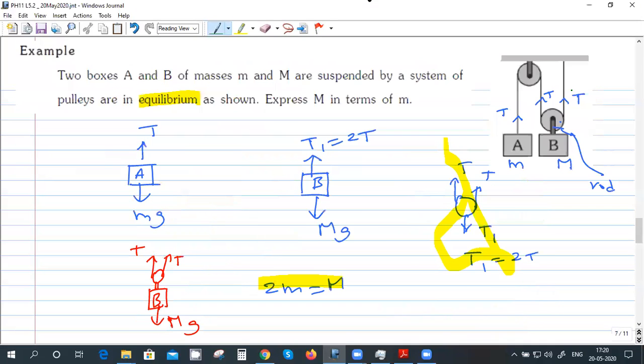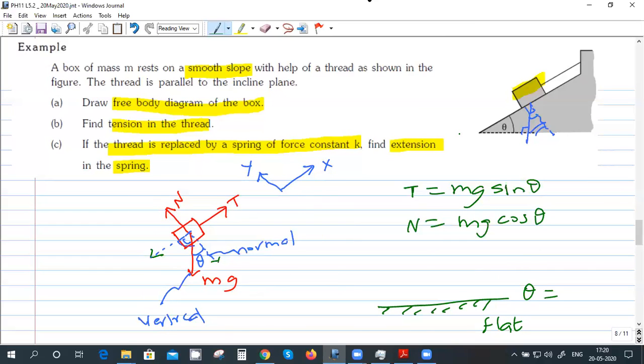I reduce the inclination of the plane, bring it down and make it flat. When I make it flat, what is the value of theta? 0 degrees. So if you put 0 degrees in this one, sin 0 is what? 0. So tension is 0, right?